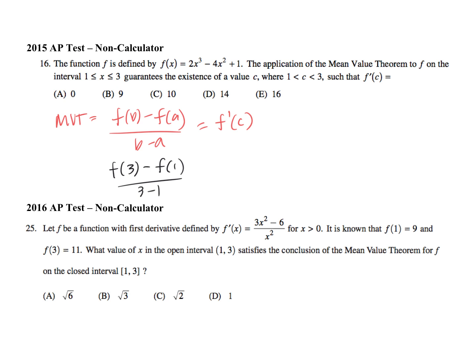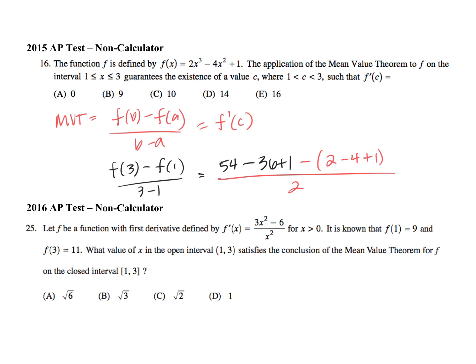Ooh, no calculator. Gross, you guys. 3 cubed is 27 times 2, 54 minus 3 squared is 9 times 4, 36 plus 1, that's gross, y'all, minus parentheses, plugging in a 1 here. 1 cubed times 2 is 2 minus 4 plus 1.